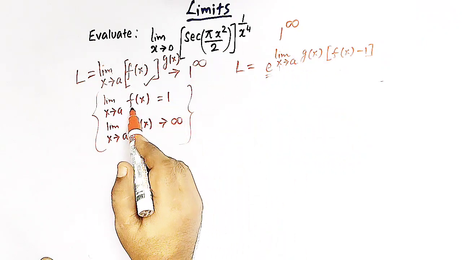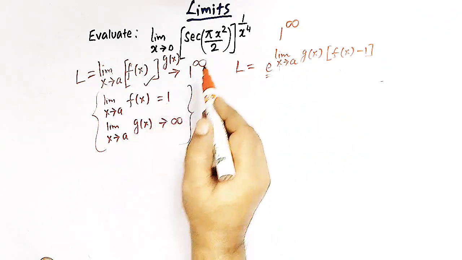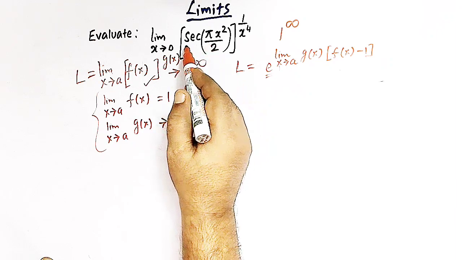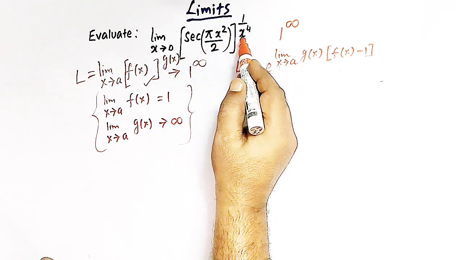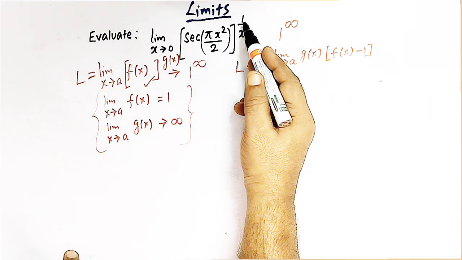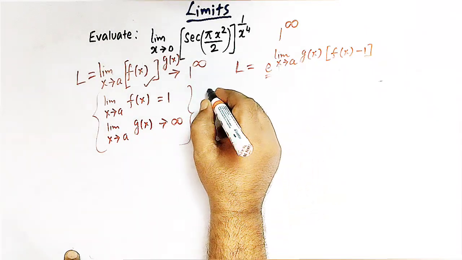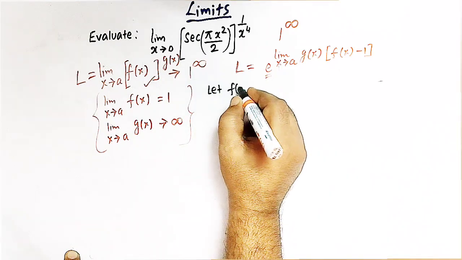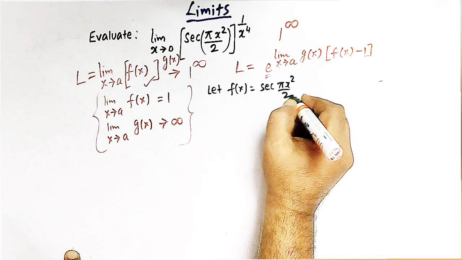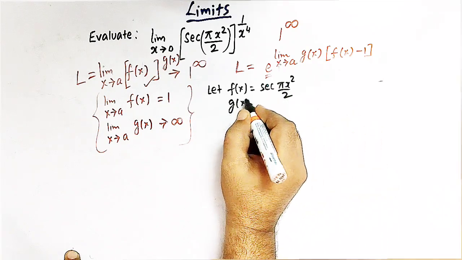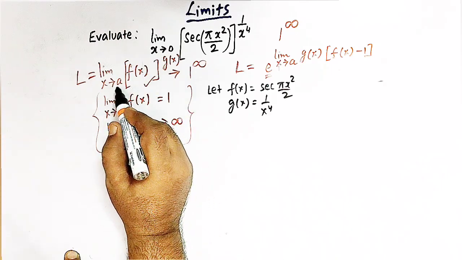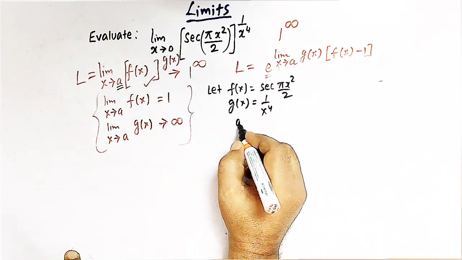So let us first verify these two conditions for this function, which can be taken as f of x, and this function, 1 over x raised to 4, which may be taken as g of x. So let us take f of x as secant pi x square over 2, and g of x as 1 over x raised to 4, and here the value of a is 0.